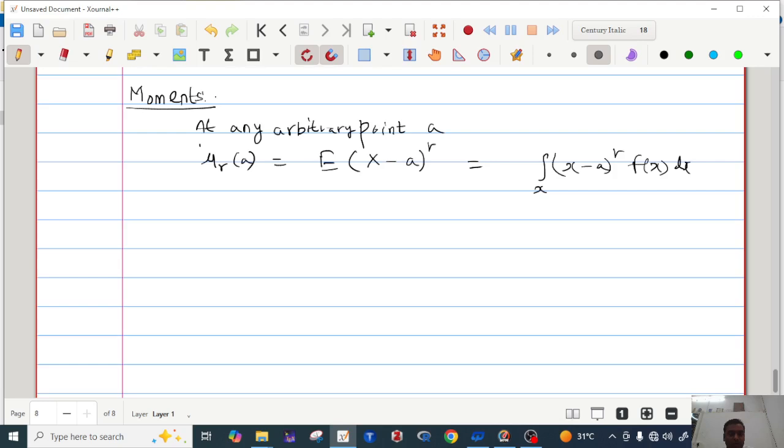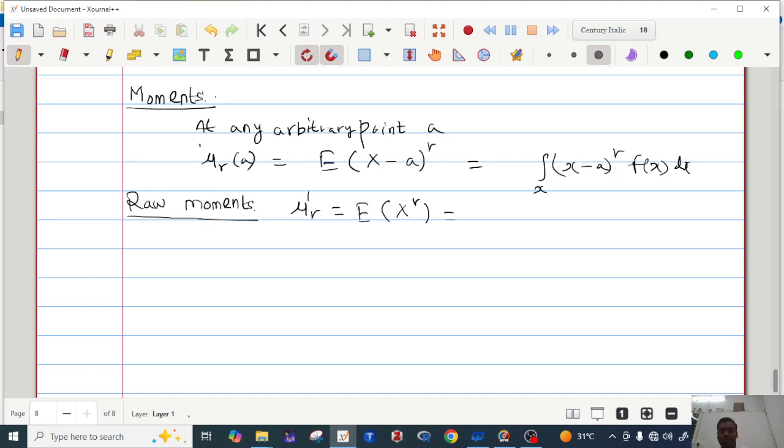Now there are two types of these moments. One, raw moments. What are the raw moments? These are the moments denoted by mu r dash, and they are the moments about origin, that is 0. If you take A as 0, you will simply get expectation of x raised to r.